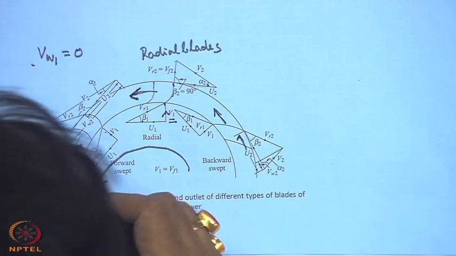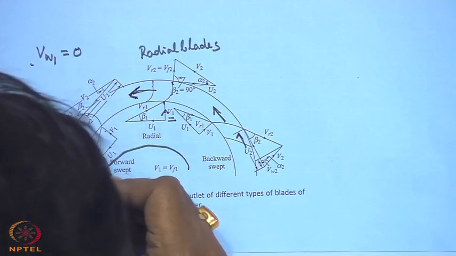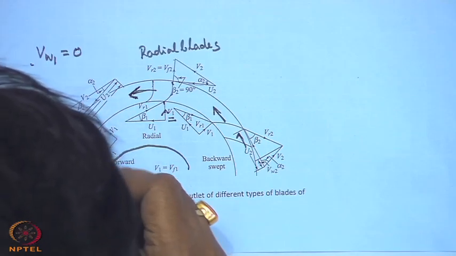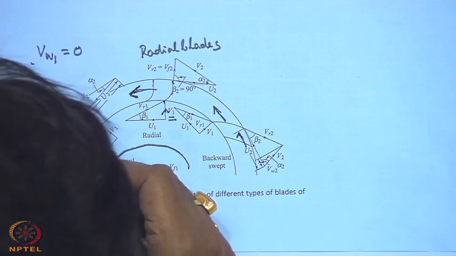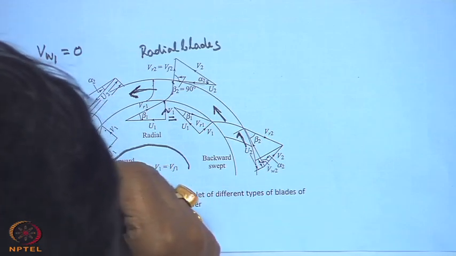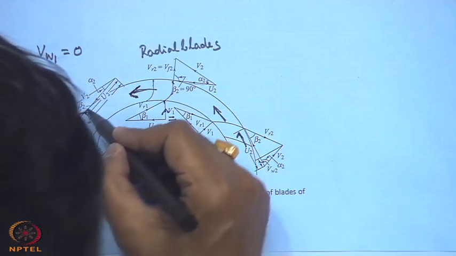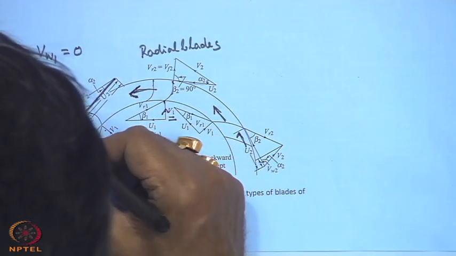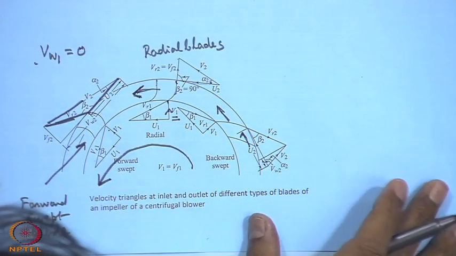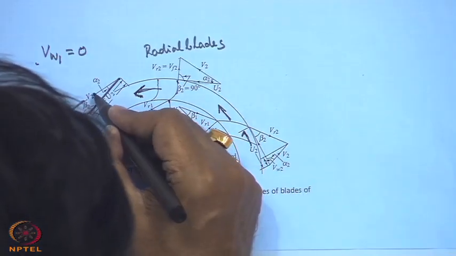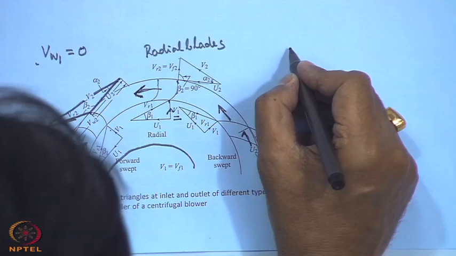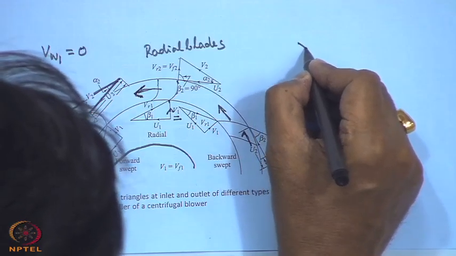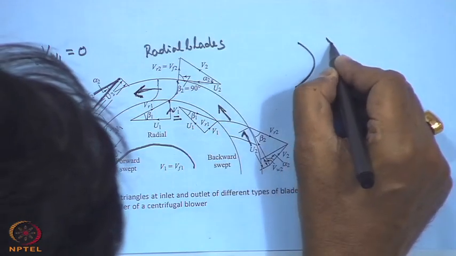Now, let us see the velocity triangle for the forward swept blade. The velocity triangle for the forward swept blade is this one. It is not very visible, so let me draw the velocity diagram here, for the forward swept blade.